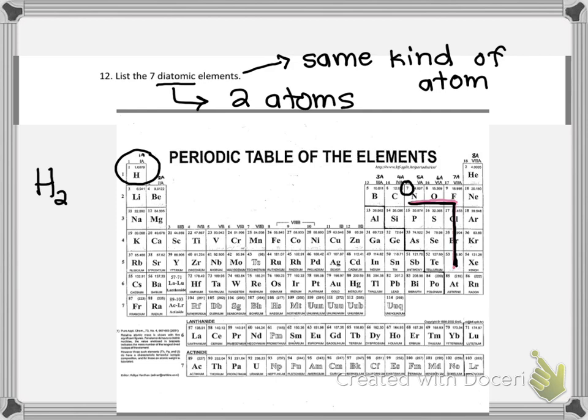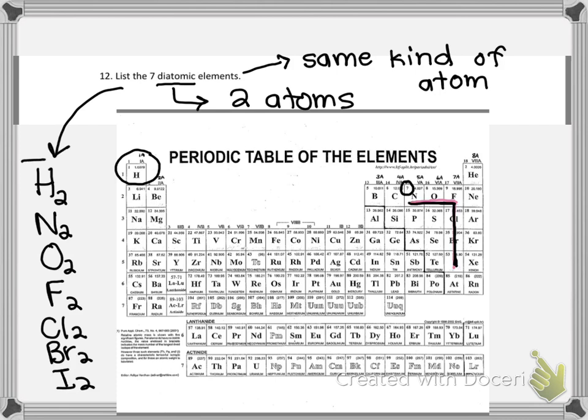So they are nitrogen, and then going from left to right, oxygen and fluorine. And then once I hit fluorine, I'm going to go down the halogens. I have chlorine, bromine, and iodine. So right here, these are the 7 diatomic elements.